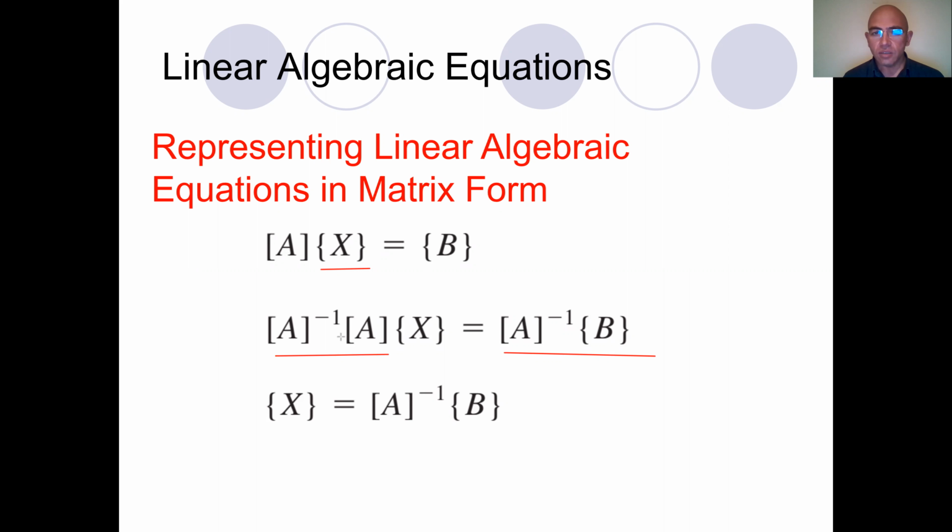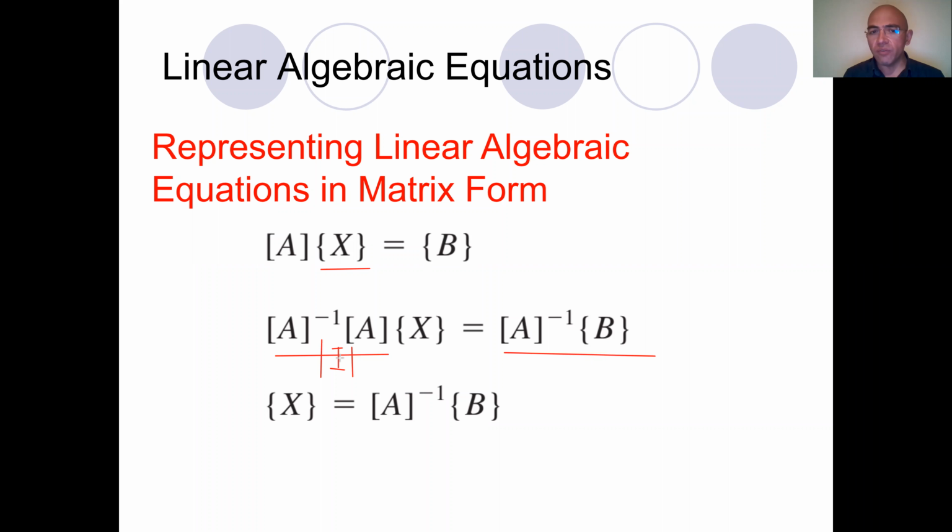Since I know that this multiplication will give me the identity matrix, the matrix with the ones on the diagonal, whatever you multiply with the identity matrix, you obtain the same thing.